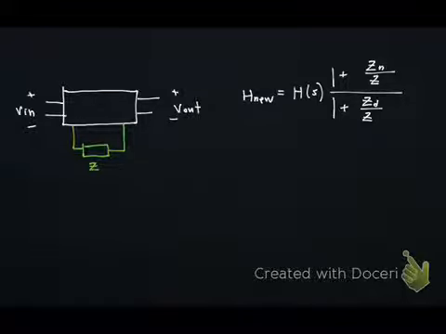So if we were just to write down an equation, we didn't know anything else, it would just be that V out is equal to H of S times Vin. Right, that's just the definition of the transfer function. So we're going to write it slightly differently and say that V out is equal to A1 times Vin.